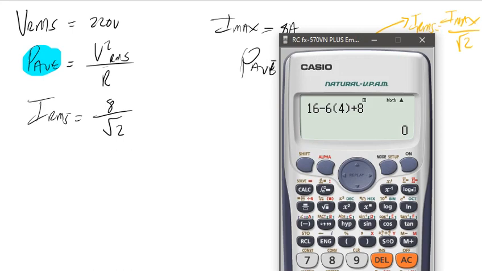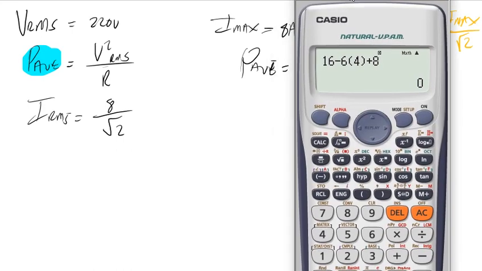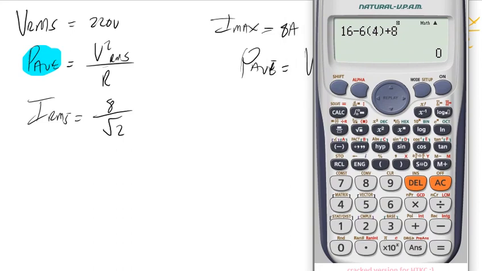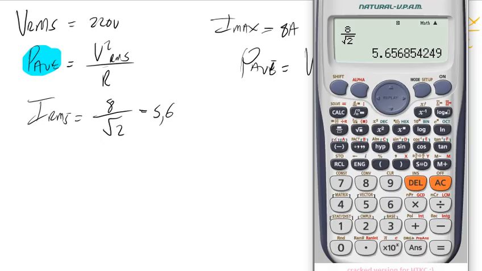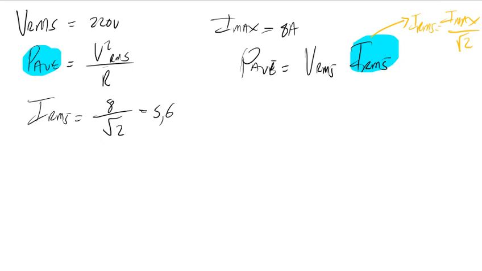Then go to the calculator. So this will give you 5.657 amps.